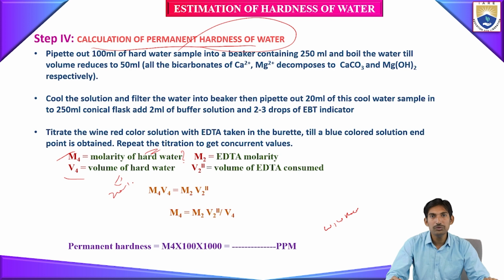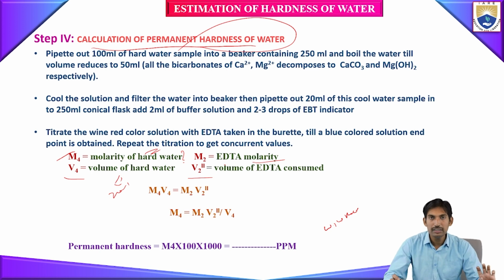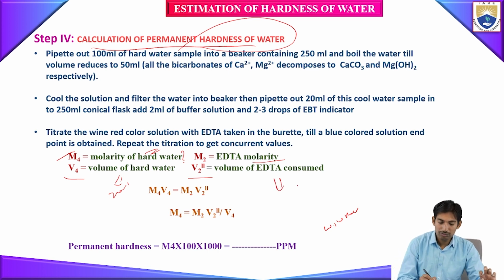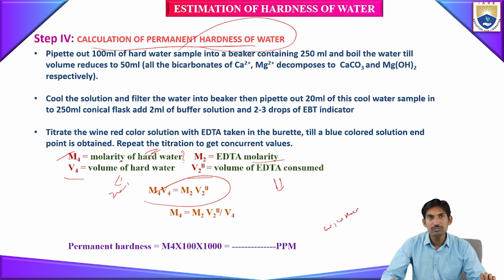M2 is the molarity of EDTA. The molarity of EDTA we obtained from the second step. We have calculated the concentration of EDTA. Then V2 is the volume of EDTA consumed. We get this value from the burette readings. By using the M1 V1 equal to M2 V2 formula, we can calculate the molarity of hard water. In this step we will get the permanent hardness. Why?